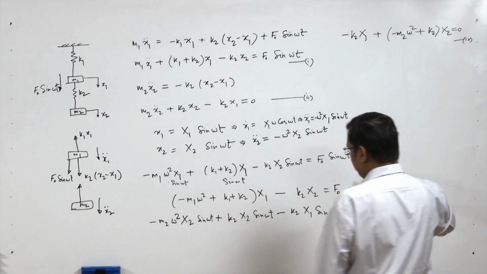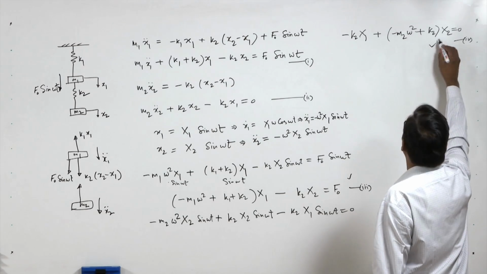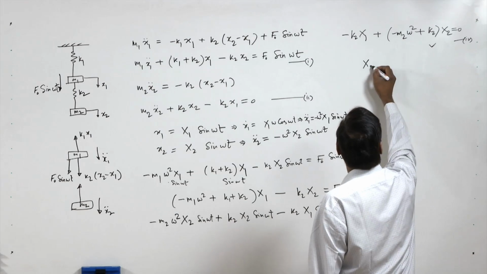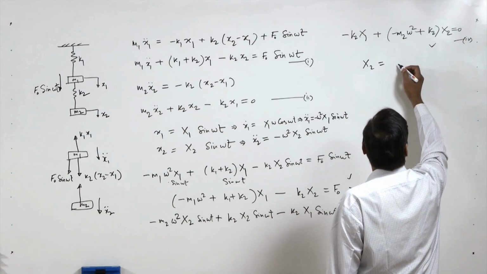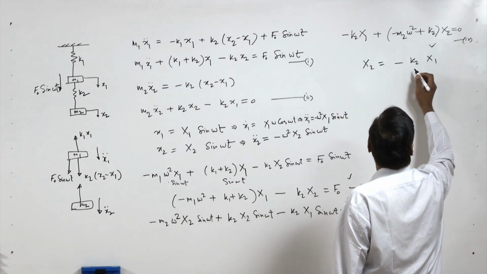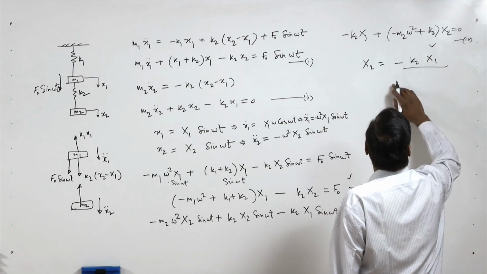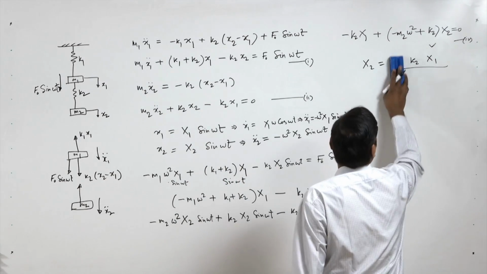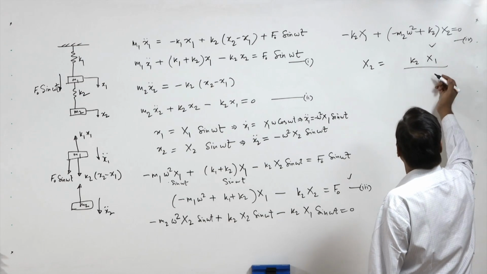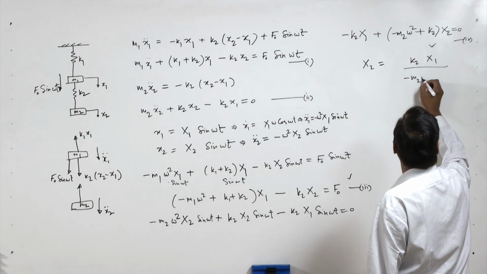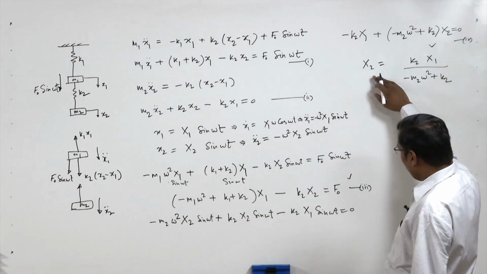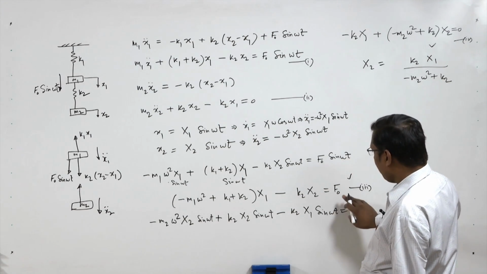So we now have these two equations, equation 3 and 4. From here we can find X2 equal to plus k2 X1 by (minus m2 omega square plus k2), taking the term to the other side. Now we put the value of X2 in equation number 3.